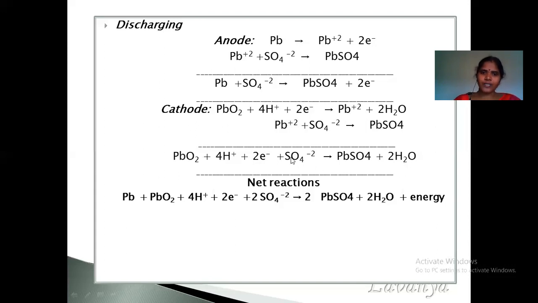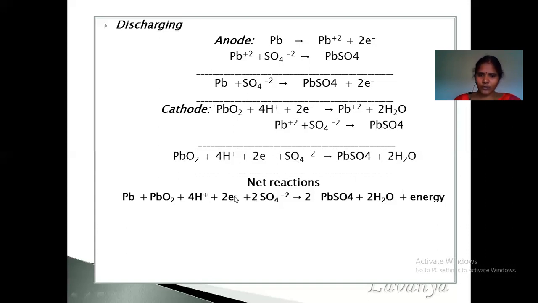If we write the net reaction of the cell, the discharge net reaction, combining these two reactions, what you'll get is lead plus lead oxide plus, you can observe here I have 1 mole of sulfate and here I have 1 mole, so I can mention 2 moles of sulfate ions. 2 electrons are released here at the anode and 2 are accepted here, so these will get cancelled. And what else do we have? 4H+ ions.